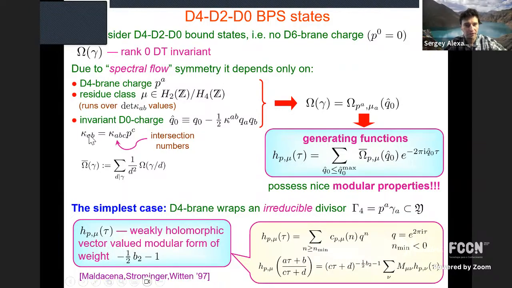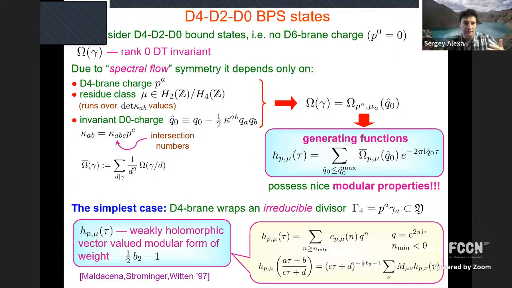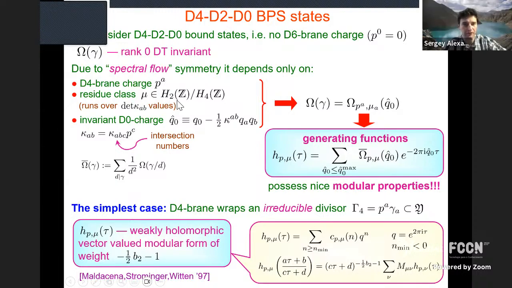Because it turns out that the D2 brane charge lives in H2 and the spectral flow parameter lives in H4. And if these two lattices are not the same, then you cannot completely remove the D2 brane charge. So it's H2 of the Calabi-Yau manifold. Yes, of course.